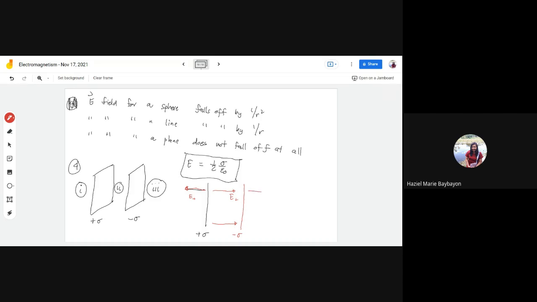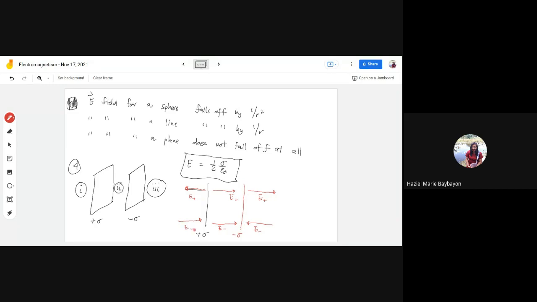So the same lagi ang electric field strength niya diri, pareha ba siya kataas. And then for this, into. So this is the electric field of the negative plate, electric field vector due to this negatively charged plate.